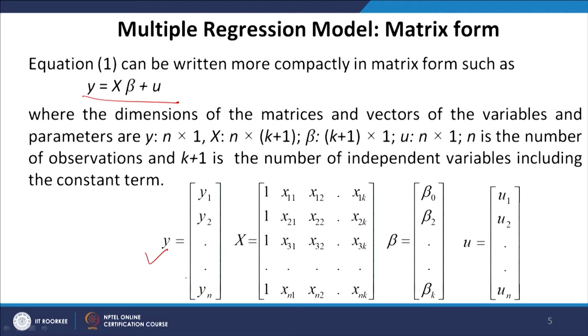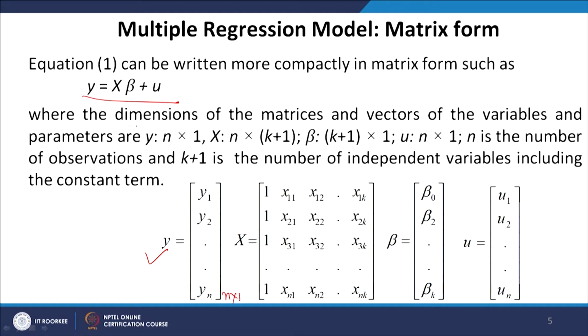We are now dealing with, say, cross section data. So, we have n observations, and consequently the dimension of y will be n by 1. So, there are n rows and only one column.